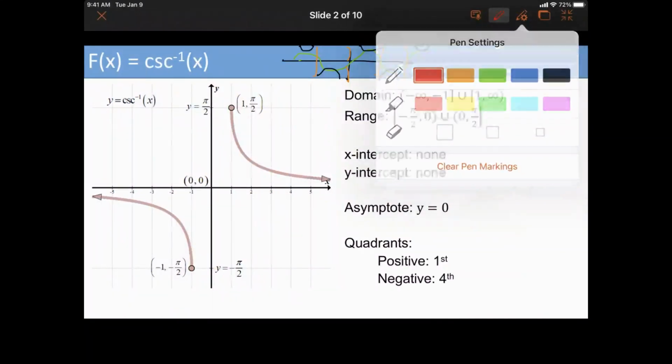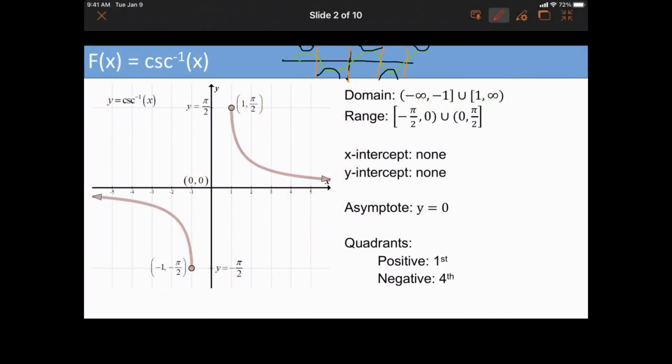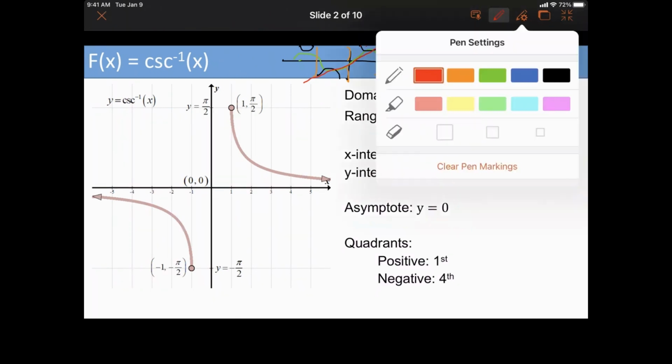So when you take this and you reflect it over the line y equals x, this part reflects over and then this part reflects. It's really just kind of cool and interesting. And the asymptotes also reflect as well.